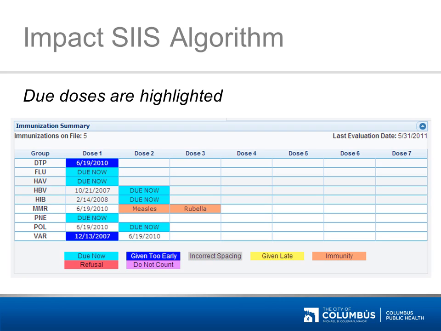SIIS also has an algorithm that checks doses to see if they were spaced correctly and given at the correct age. It will notify the clinician if a dose is due or if a dose should not be counted. It is important to note that the SIIS algorithm should be used as a quick reference only. You should always refer to the ACIP recommendation for final decision on determining if vaccines are due.